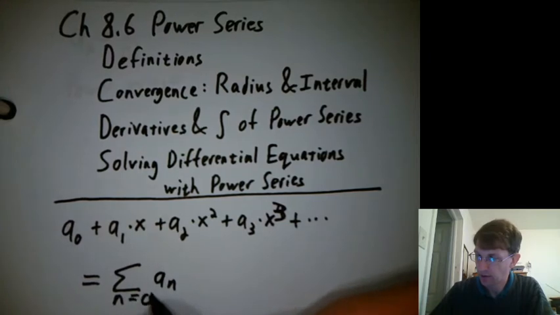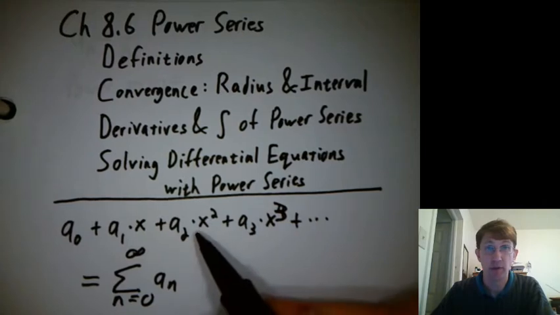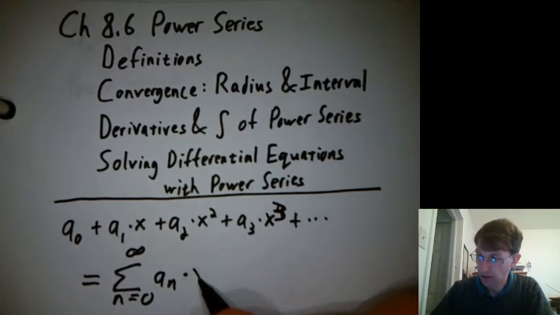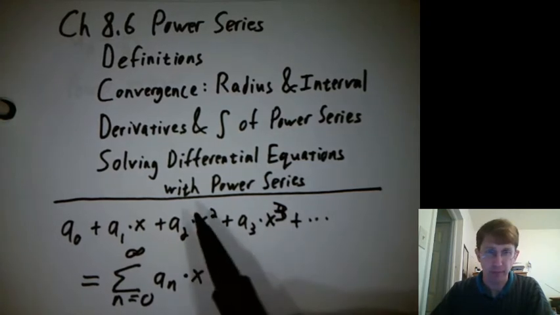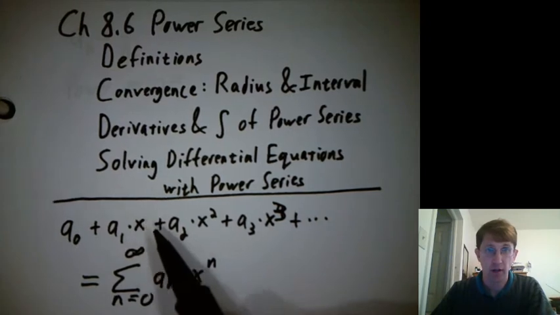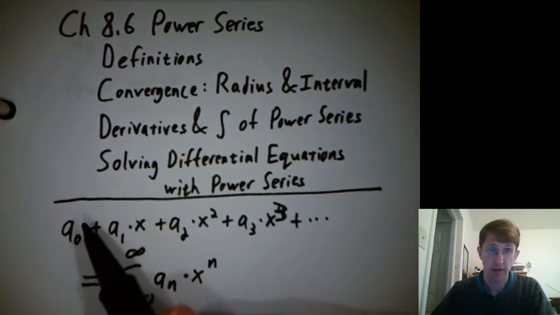So we'll start at 0, go up to infinity, and each time, a sub 2 is multiplied by x to the 2, a sub 3 is multiplied by x to the 3, so I'd have times x to the n. Now that might be a little odd because this x doesn't have a power on it, but of course we could say it has a power of 1, just like a sub 1, and we don't even have an x here, but you could say that's like x to the 0.